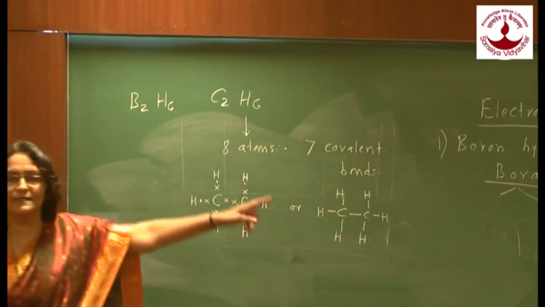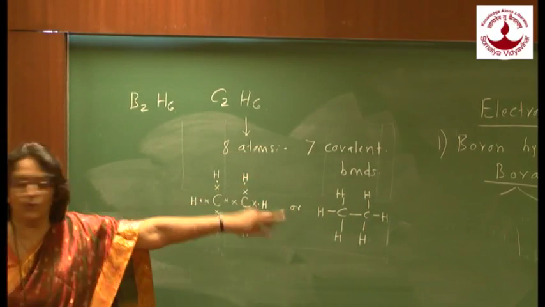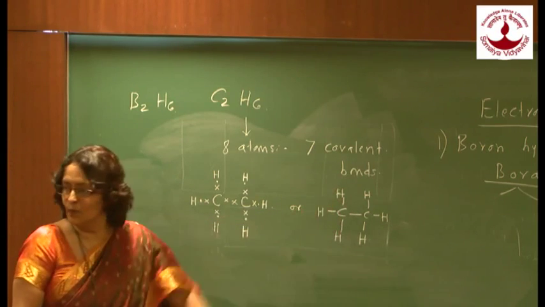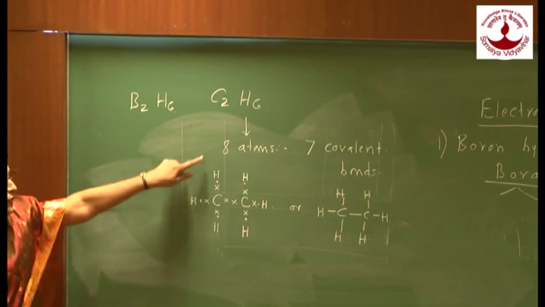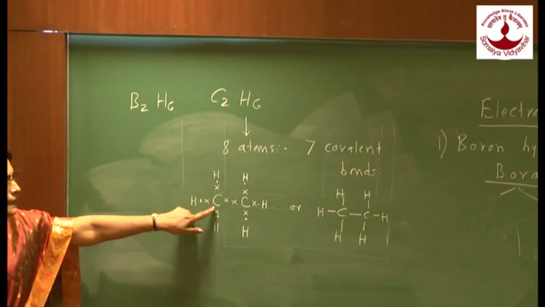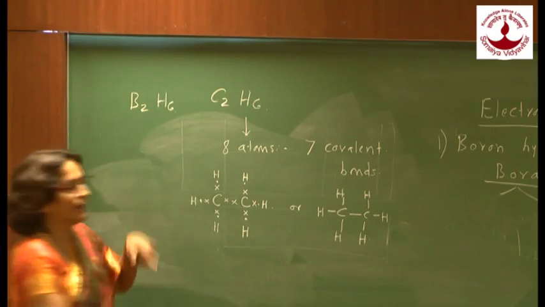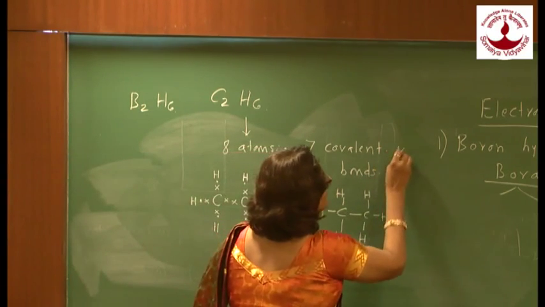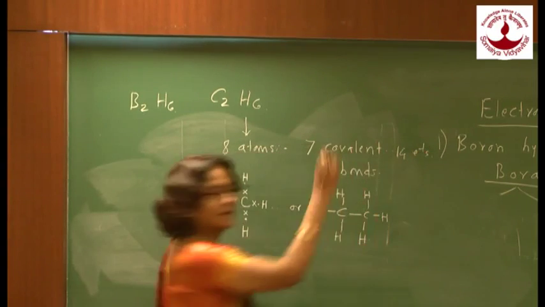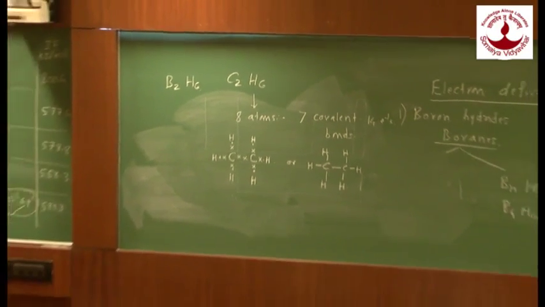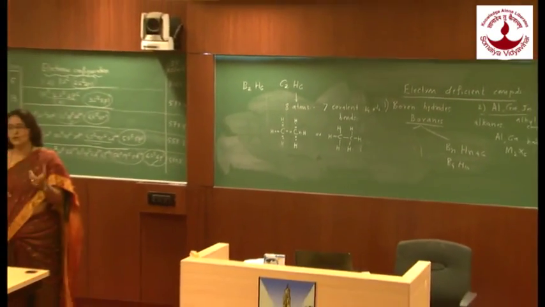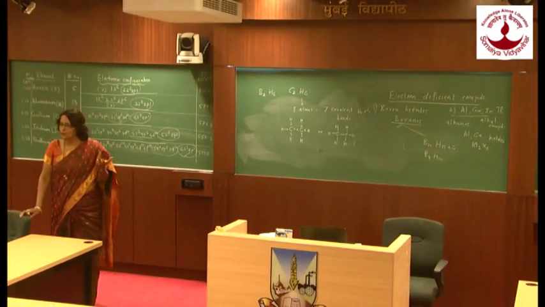So for holding these 8 atoms together, we require 7 bonds. Now for each covalent bond, you require 2 electrons. So for these 7 covalent bonds, how many electrons are required? You require 14 electrons. Okay. So in the ethane molecule, these 14 electrons are available. So it is not an electron deficient compound.